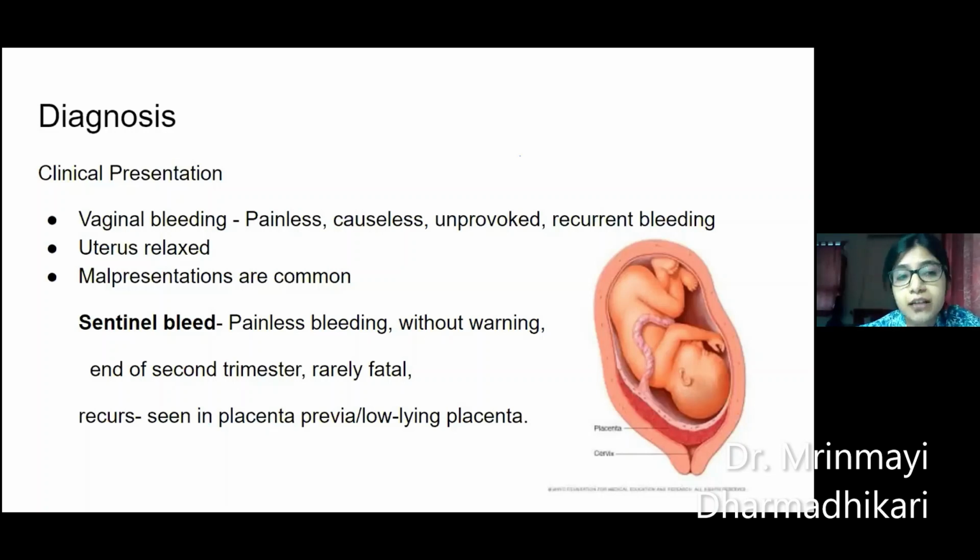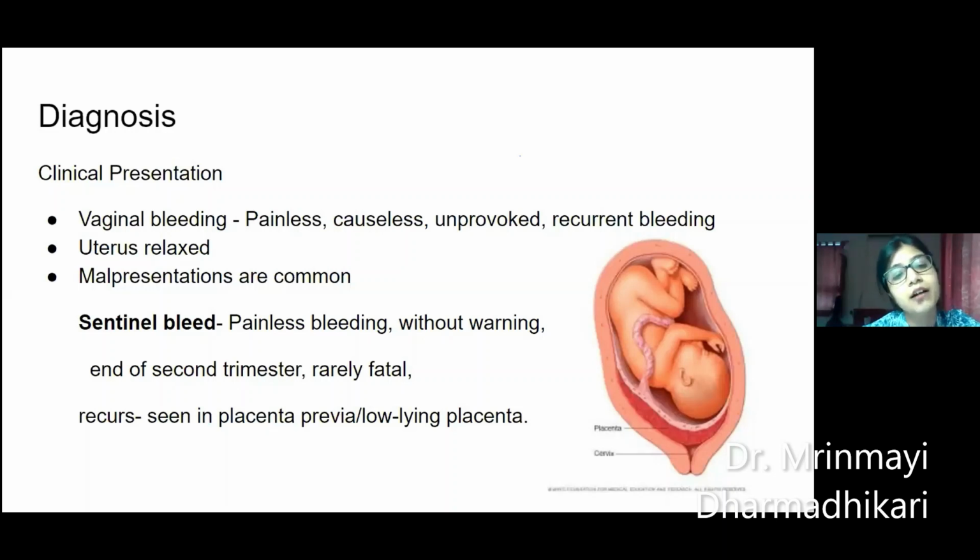Second point, the uterus is relaxed unless the patient is in labor. Compare this with other causes of vaginal bleeding such as abruption, where the uterus is tonically contracted, in a tachysystole, and even in uterine rupture, the patient will complain about abdominal pain.